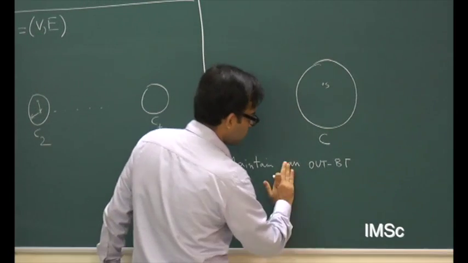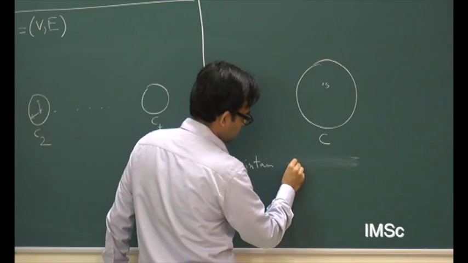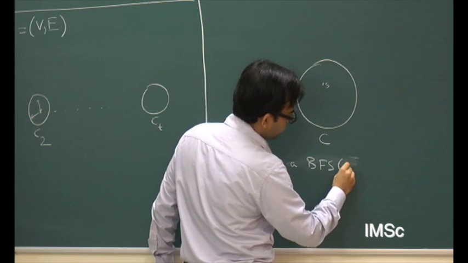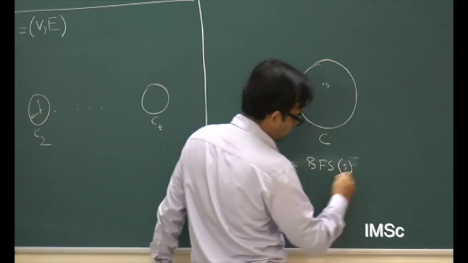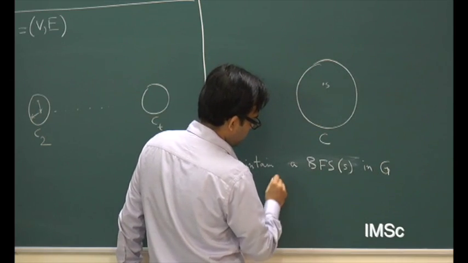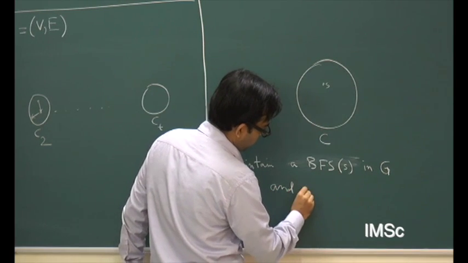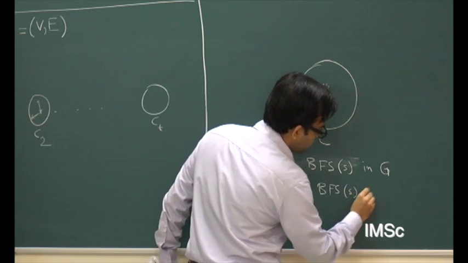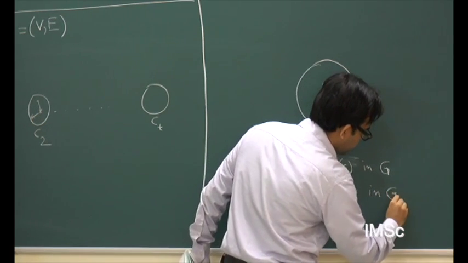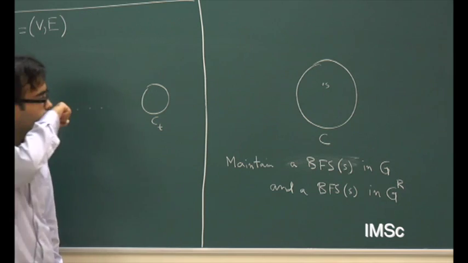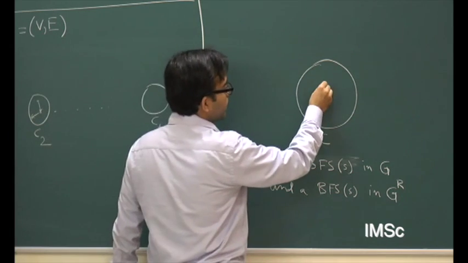A BFS tree rooted at this source S in this graph, and another BFS tree rooted at this source in the reverse graph. And then how will you decide?